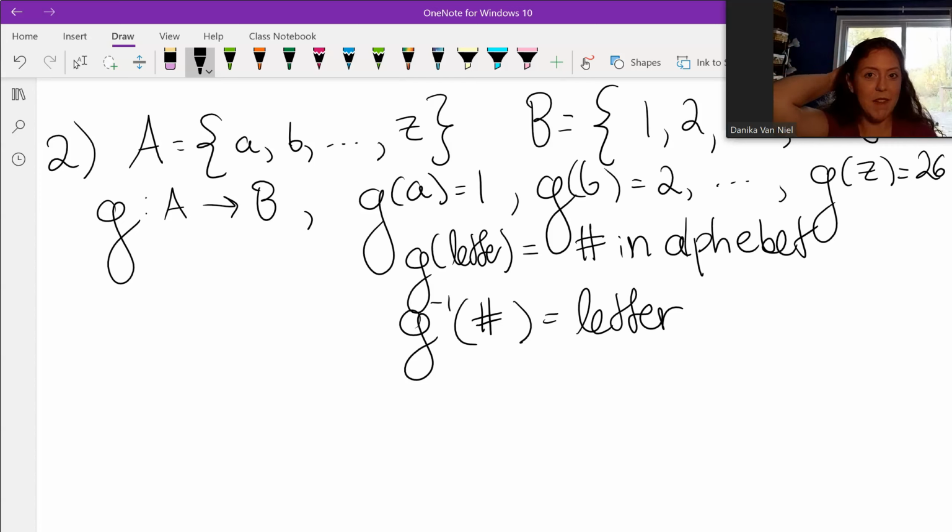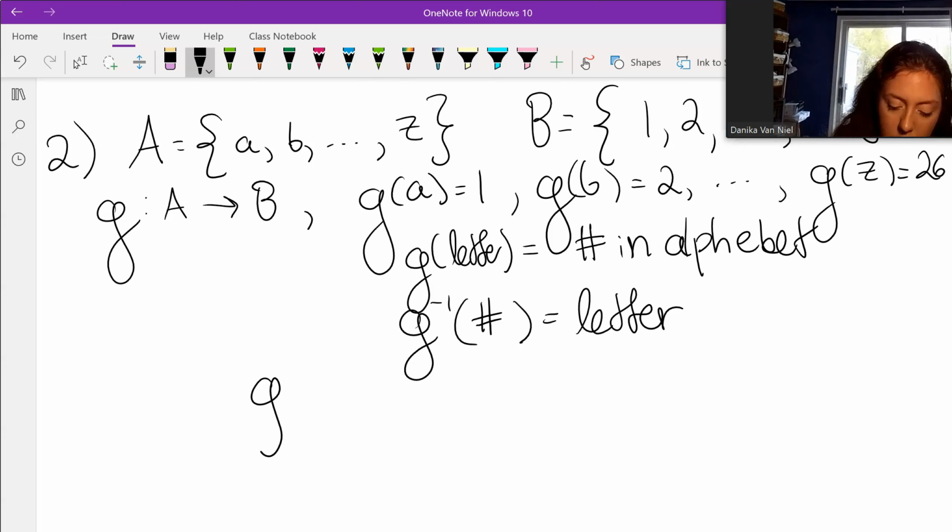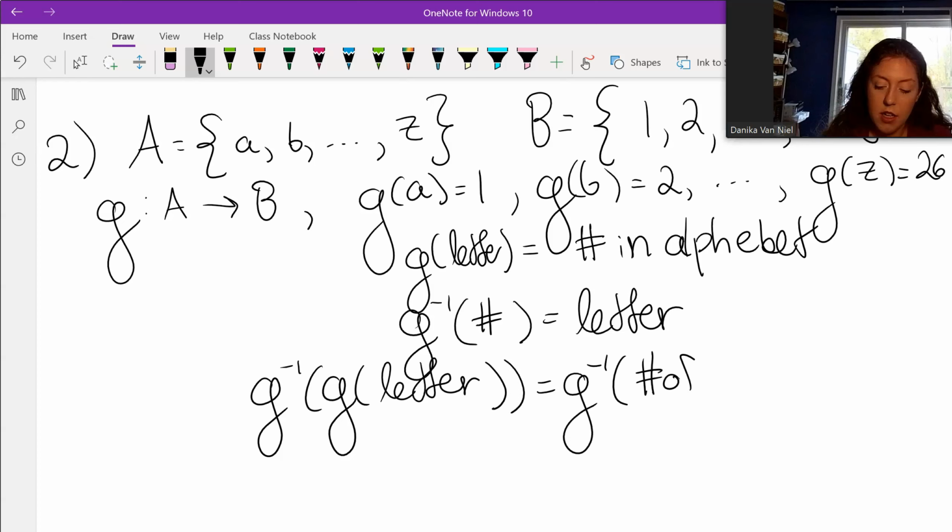I just try to come up with a goofy example to show you that it doesn't always have to be like this rigid construct. So G inverse of G of, what does G take? Well, G takes letters, so G of that letter, but then G inverse just gives us that letter.